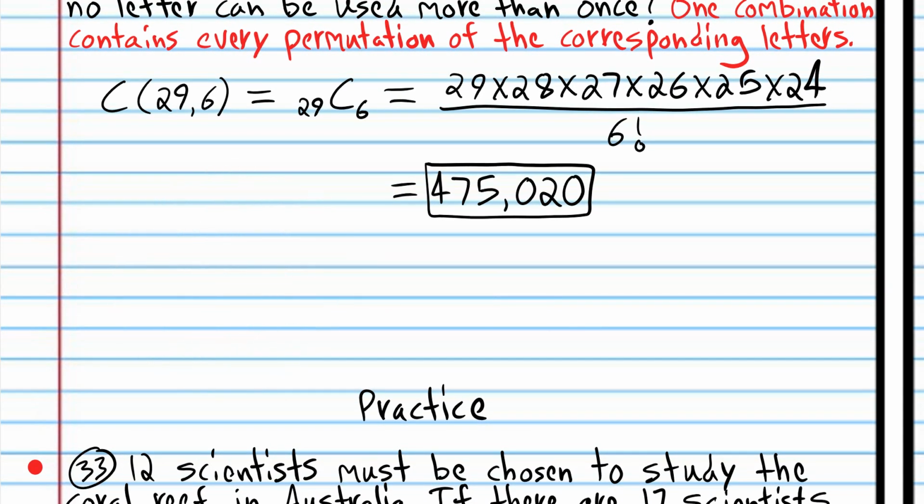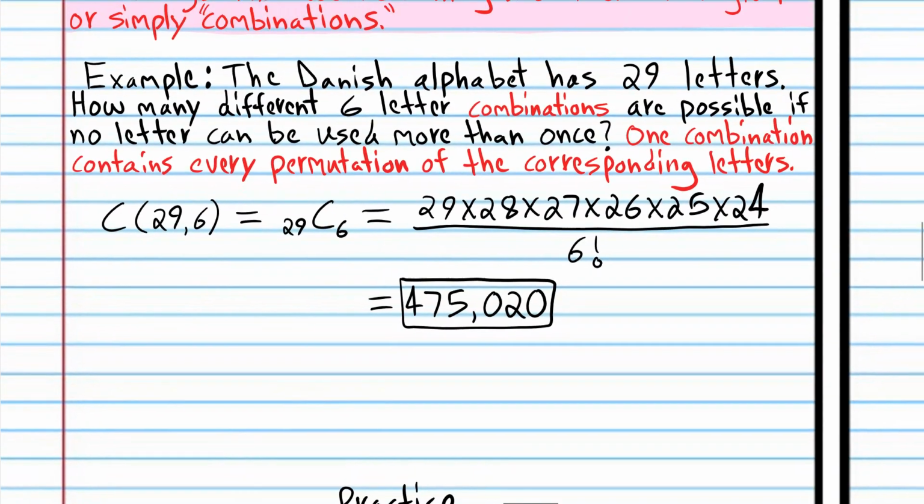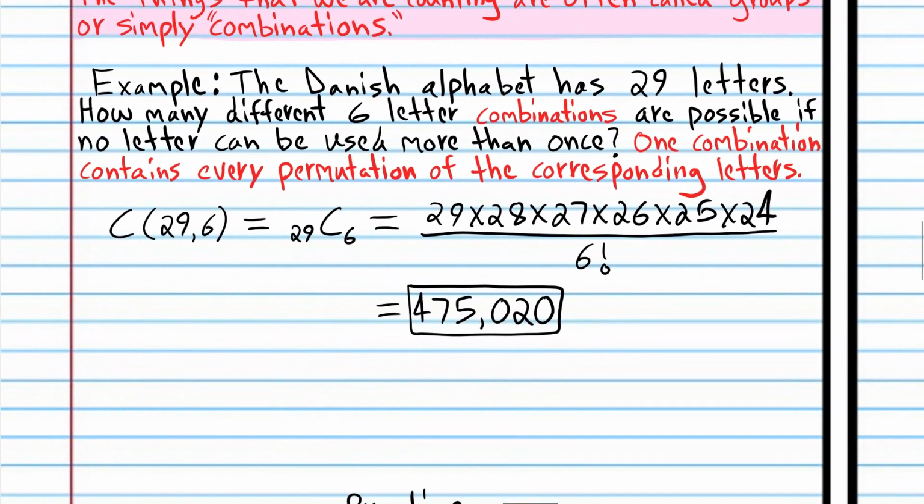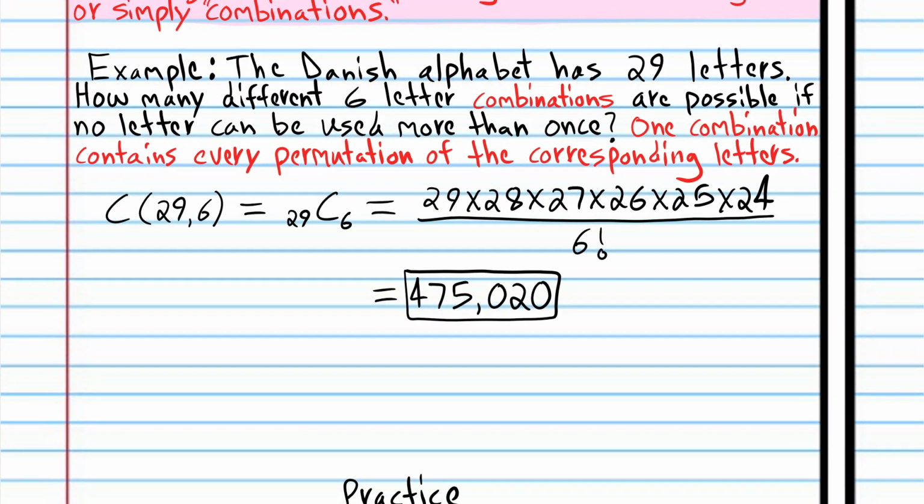Are these problems intuitive? Are they simple problems? No, they're not simple problems at all. But all you have to do is know what exactly we're counting, and then you can rely on your multiplication principle and the concepts that we learned previously.